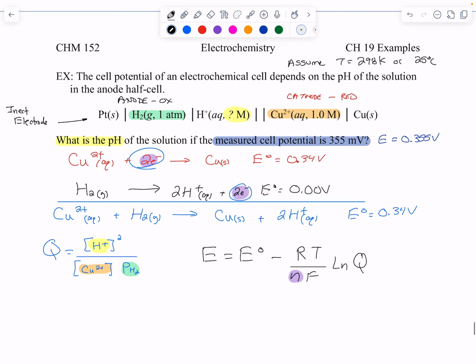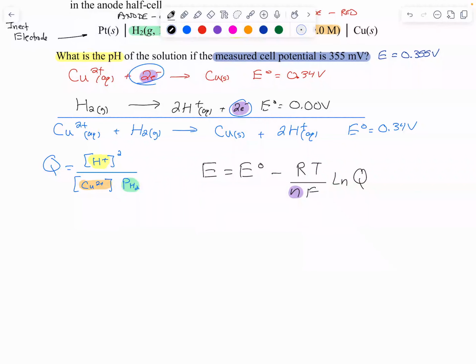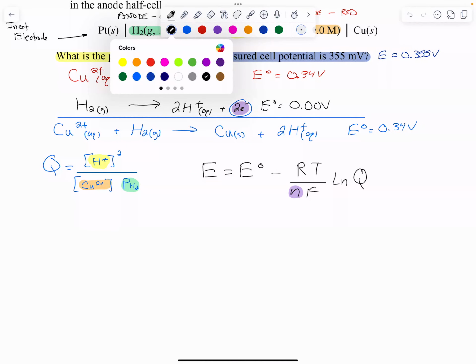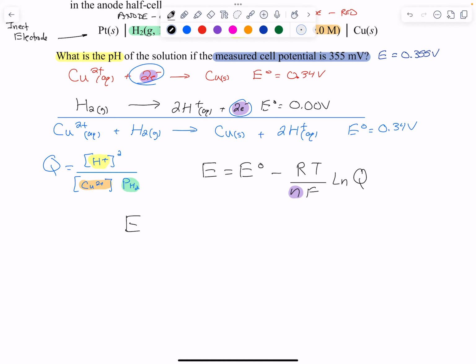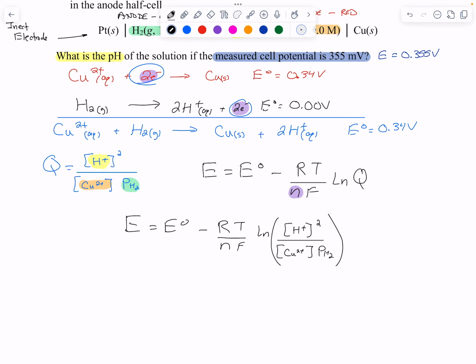All right, let's plug in some numbers here. So E equals E standard minus RT over nF natural log, concentration of H+ squared all over the concentration of Cu2+ and pressure of H2, and that's all in the natural log.